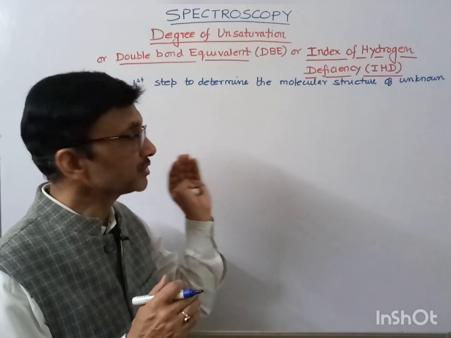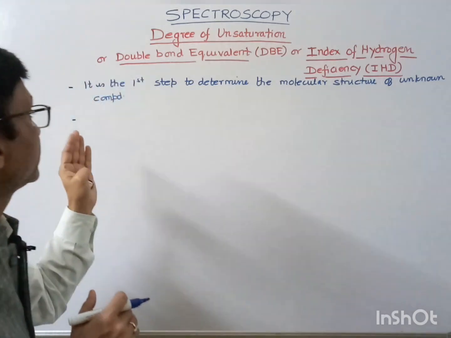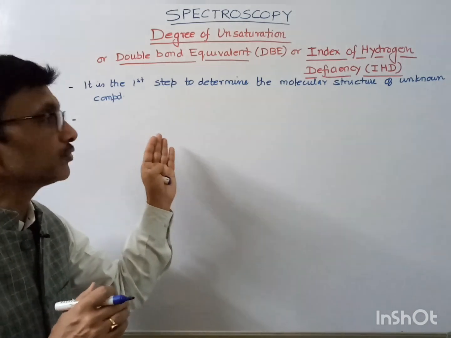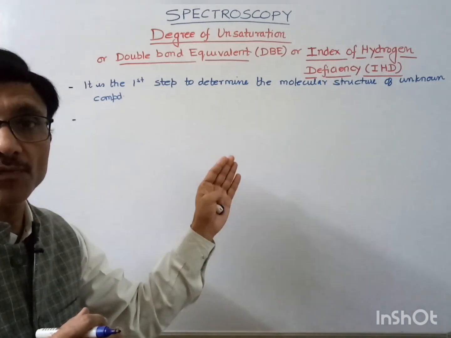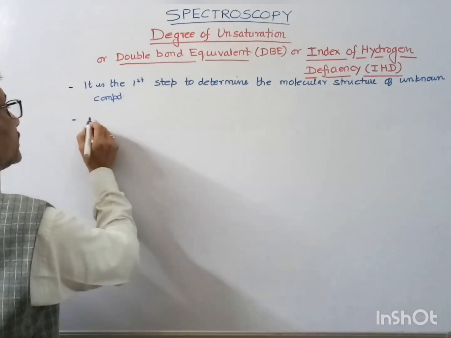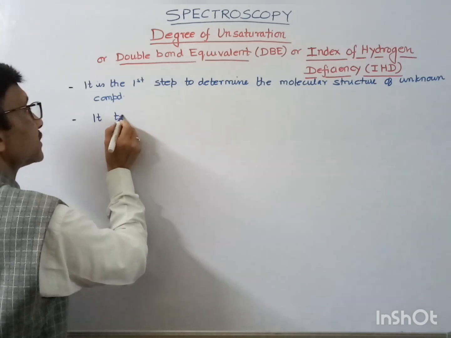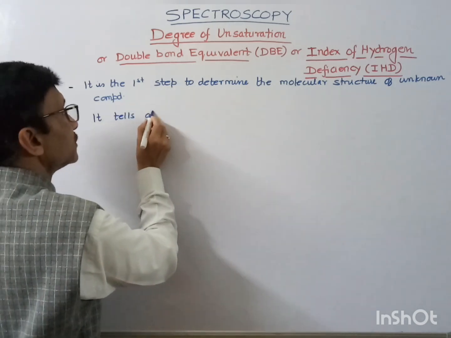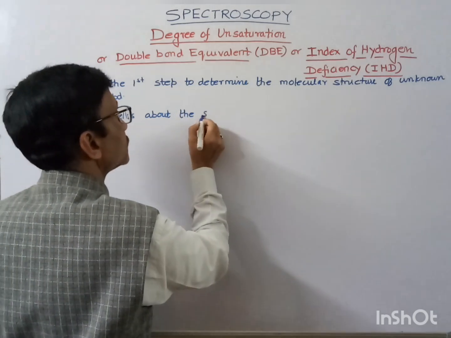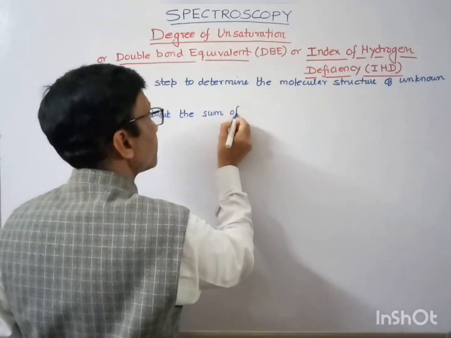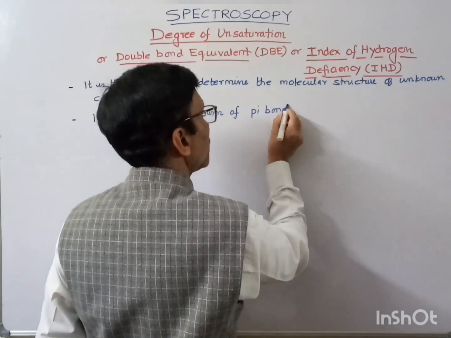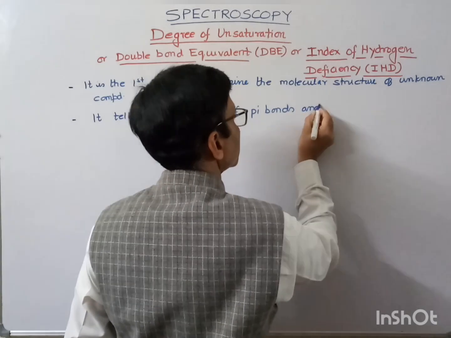A better definition is that it gives you information about the sum of multiple bonds and rings in the structure. It tells about the sum of pi bonds and rings in the structure.